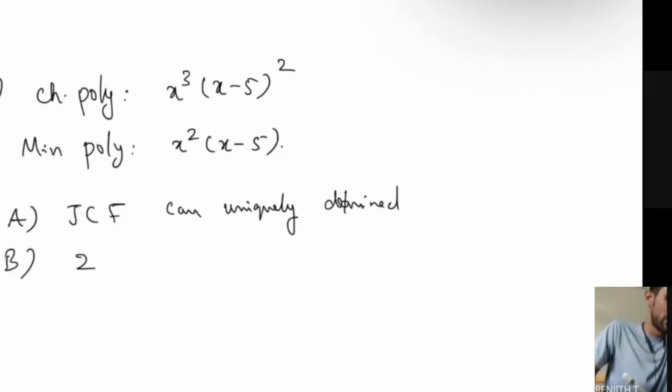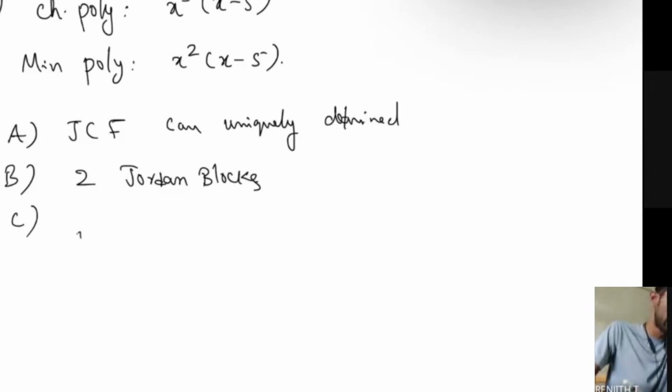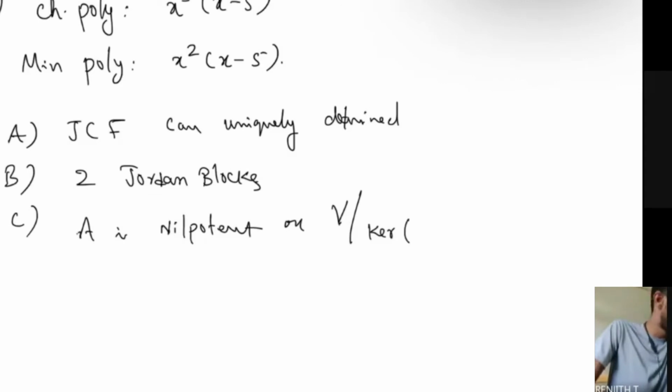B: 2 Jordan blocks. C: A is nilpotent on V quotient kernel of A minus 5I.